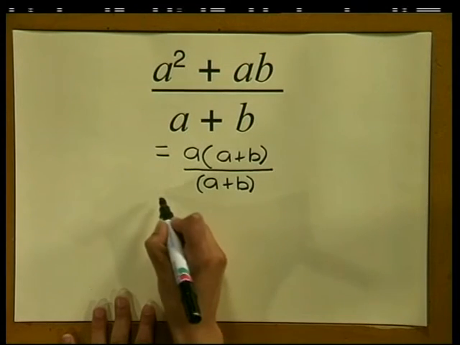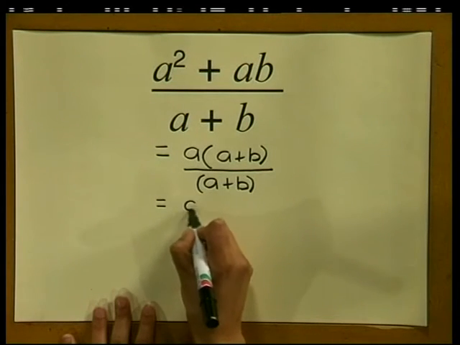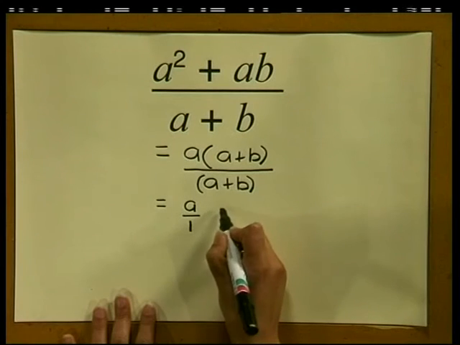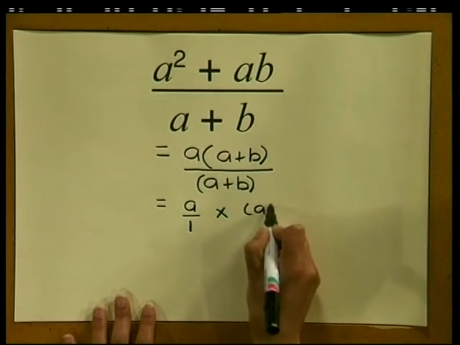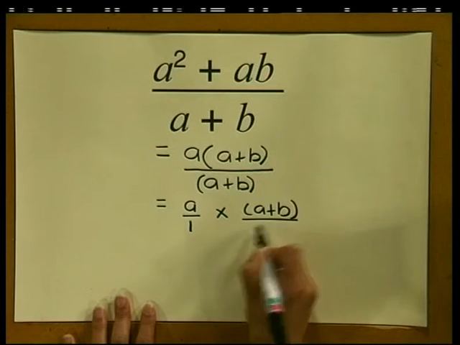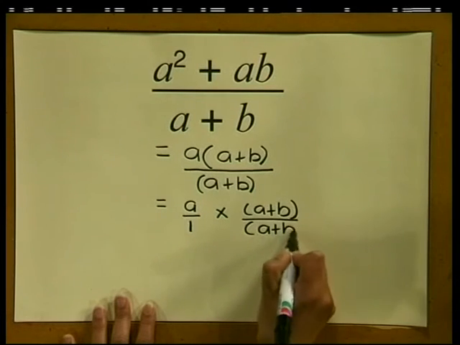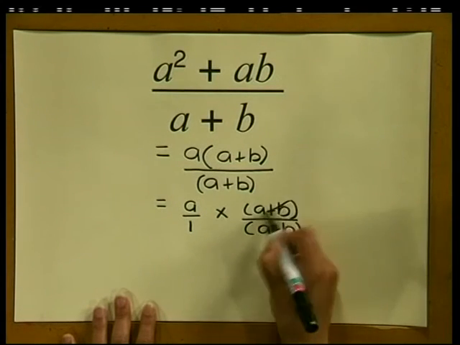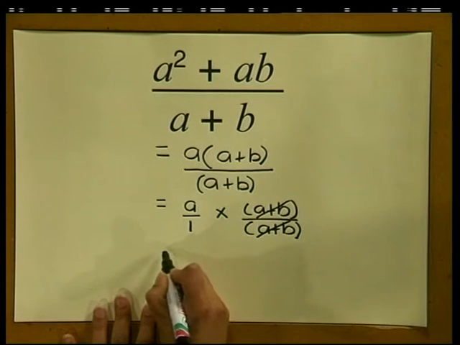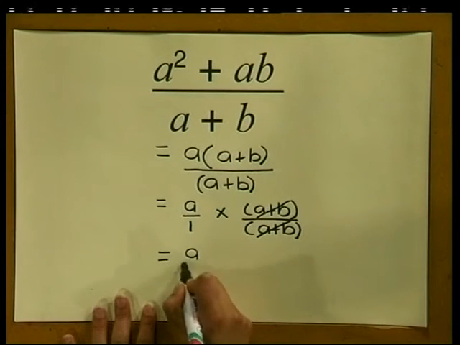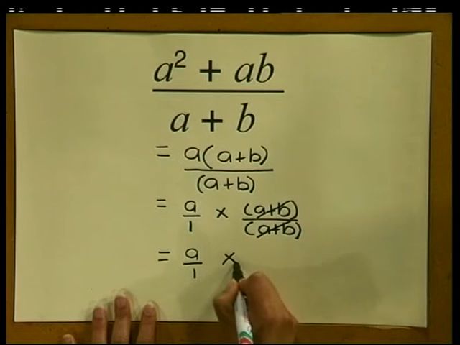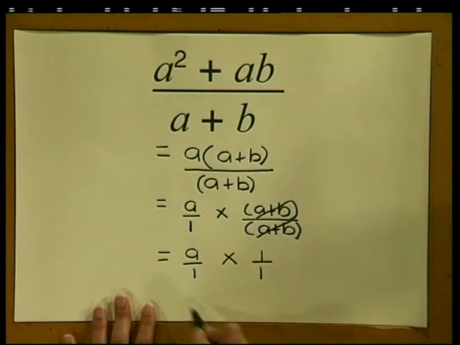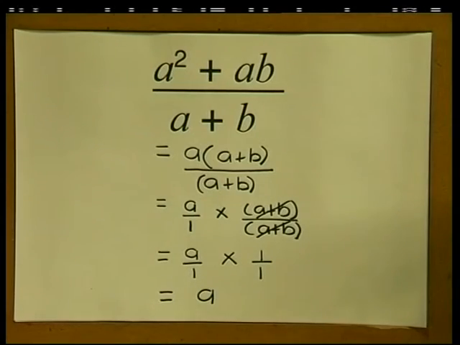Now we can rewrite this as a divided by 1 multiplied by a plus b divided by a plus b. And notice the a plus b's cancel out, and we are going to be left with a divided by 1 multiplied by 1 over 1, which would give us a. So we have simplified the fraction.